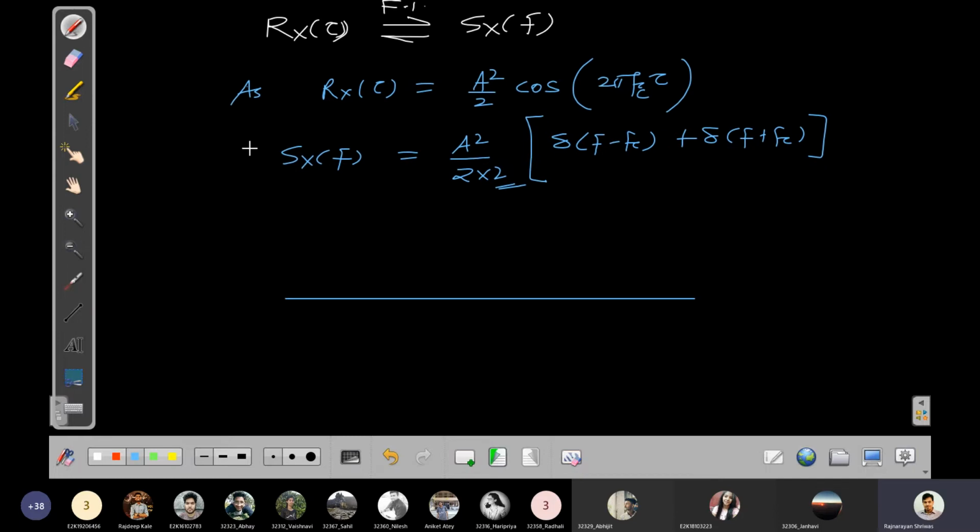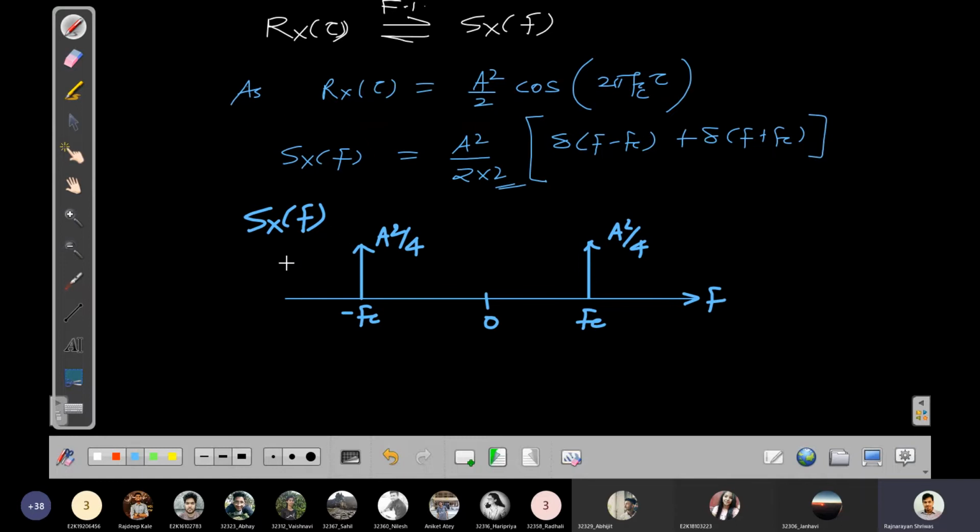I get two impulses at f equal to minus fc and at f equal to plus fc with the same height, and the amplitude of each impulse is A squared by 4. This is the PSD versus f.